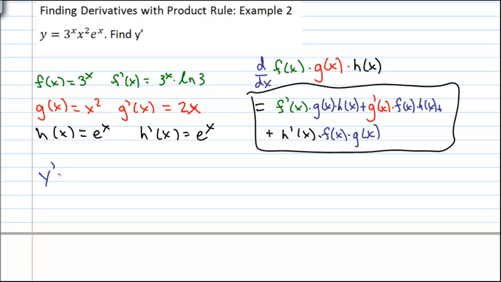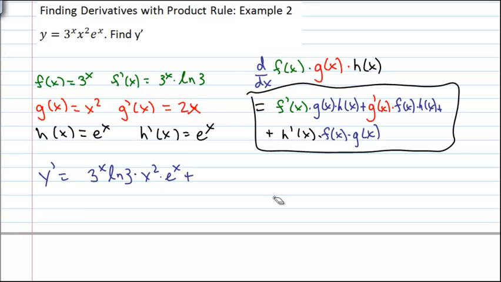So y prime will equal f prime of x, so 3 to the x ln 3, times g of x times h of x. So this will just be times x squared times e to the x. So that's already my first term.